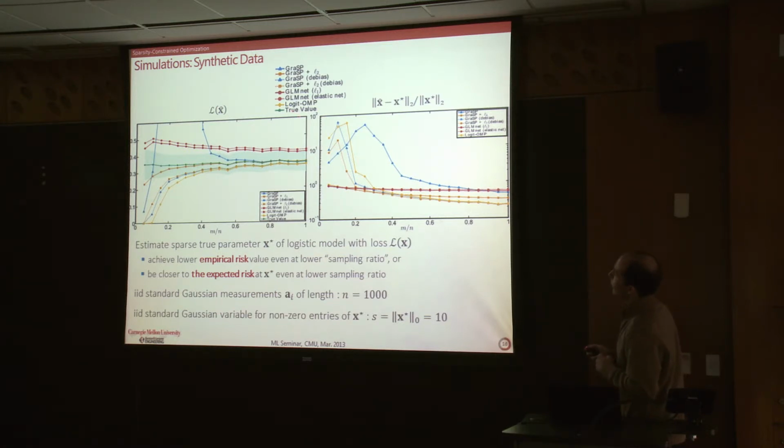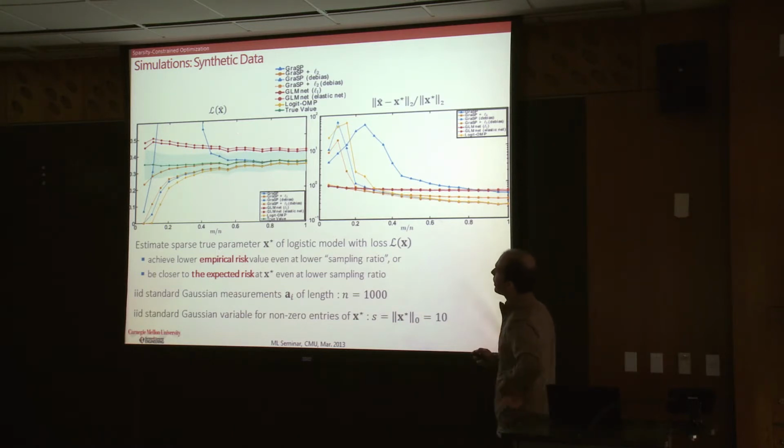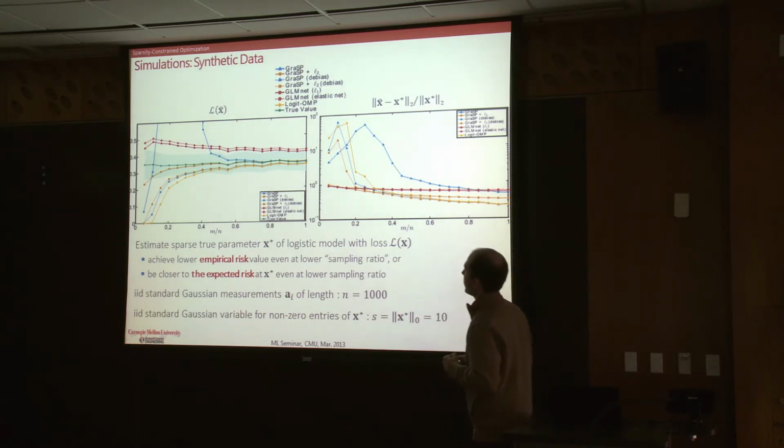And so on the left, you see the objective value, the logistic loss, without any regularization, at the estimates provided by these algorithms. As you can see, GraSP without any debiasing or regularization does not seem to converge at the beginning, when the sampling ratio, the number of measurements to the dimensionality of the signal, is relatively small.